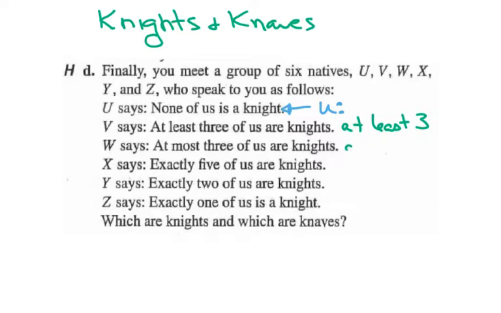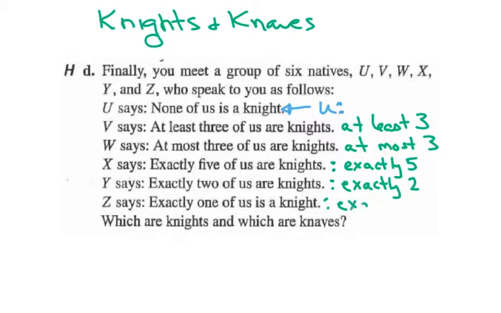W says at most 3. Those could be true at the same time. X says exactly 5. Y says exactly 2. And Z says exactly 1. So where do we begin?